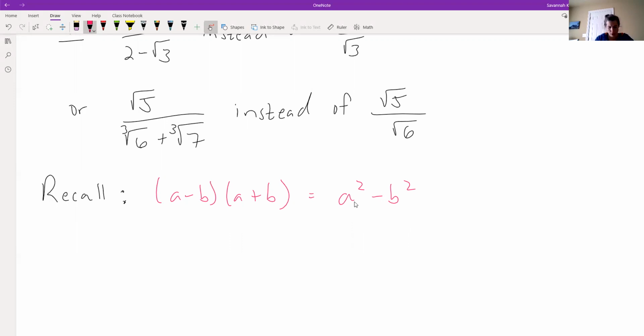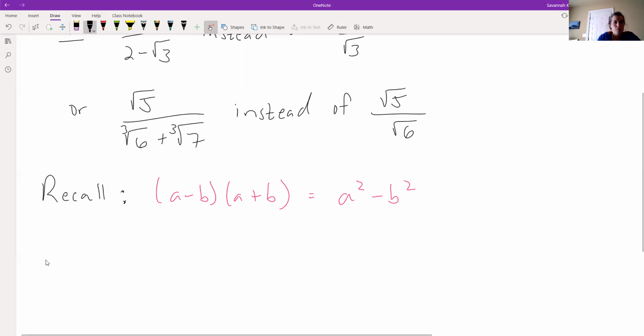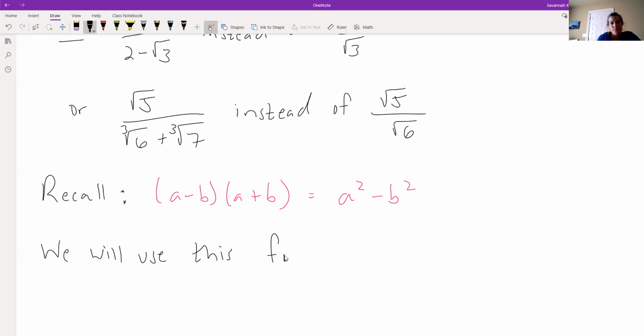So for now, what we are going to do is use this formula. So for example, let's just set up something easy, like the 2 minus the square root of 3 that I had in that denominator earlier.